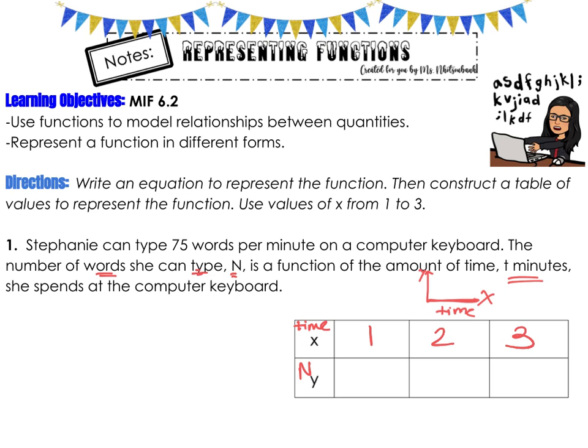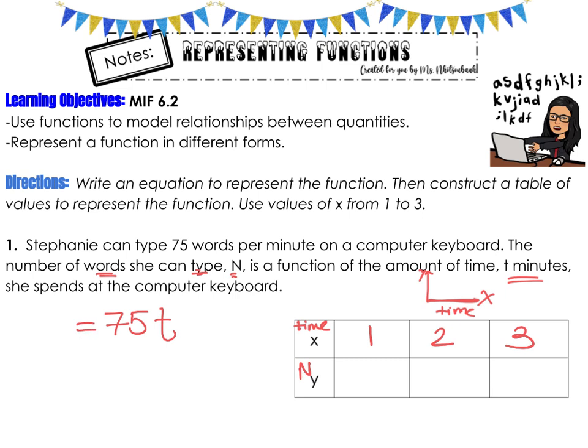So now what we want to do is come up with an equation, which is your function. So here, how would you figure it out? Well, it says she types 75 words per minute, so that would be 75x, but we're going to replace that now with the letter t.